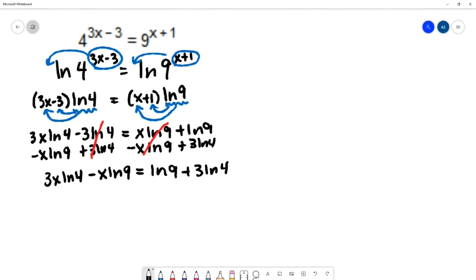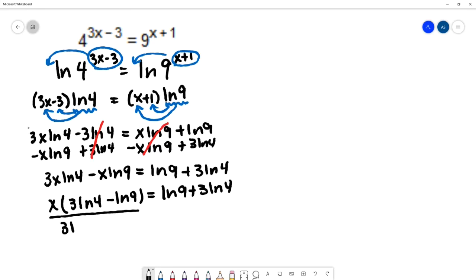Now that the x's are collected on the left, I'm going to factor out the x to leave 3 natural log of 4 minus natural log of 9. The right-hand side is the same, and now I can solve for x by dividing by 3 natural log of 4 minus natural log of 9.